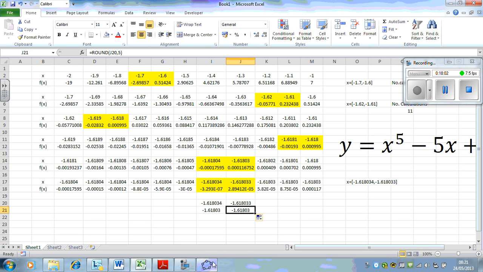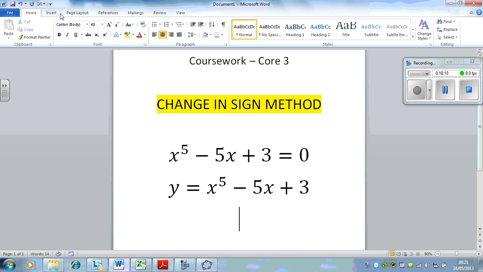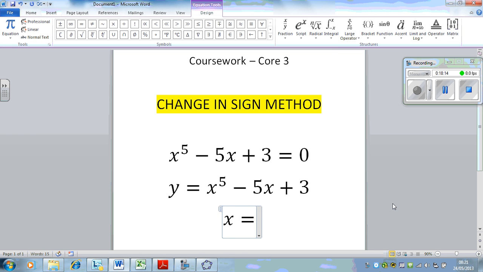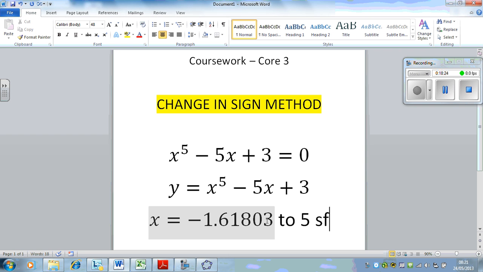The solution to our equation is minus 1.61803. So one of the solutions, you have to be careful there. One of the solutions is x is minus 1.61803, to 5 significant figures, because we could go on and on. We're never going to get this 100% accurate.